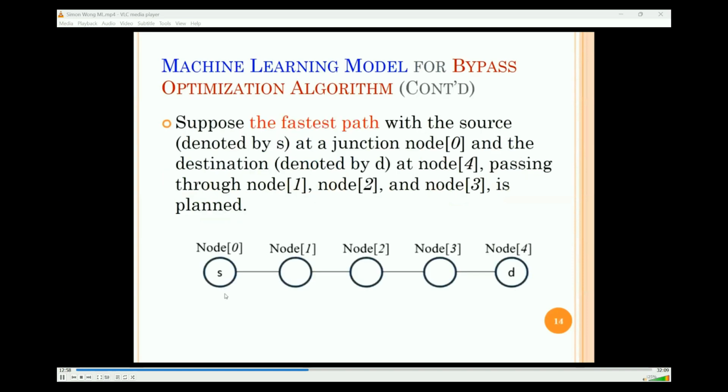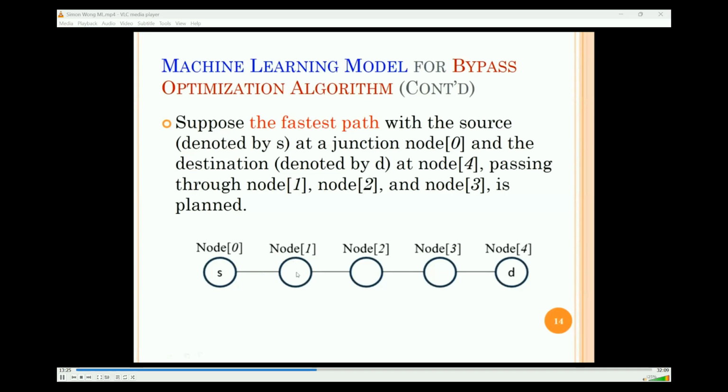And I suppose the fastest path at the source, denoted by S. S means the source, and it's at the junction here. Each of these nodes indicate a junction, and between this node 0, I call this node of 0, this node of 1, this is a block.